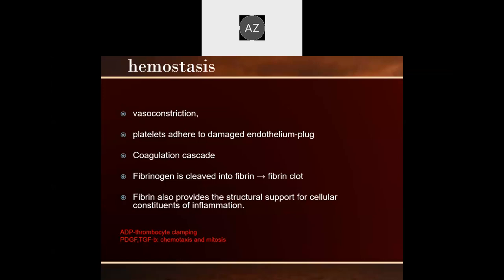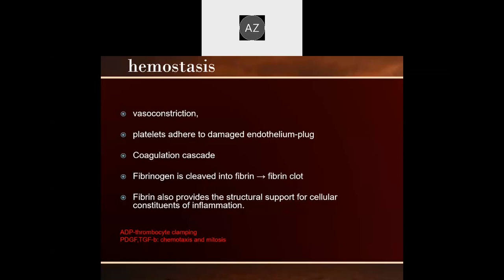We're going to see vasoconstriction, platelet plug formation, and then we have the coagulation cascade, which forms the fibrin clot, and then finally we can have fibrinolysis, which is not here.